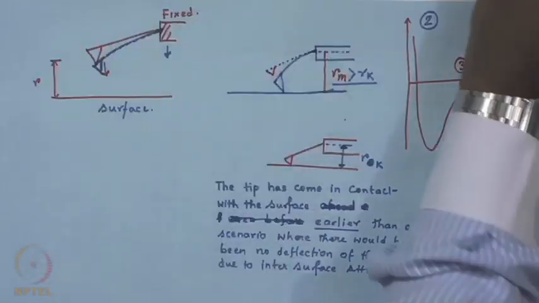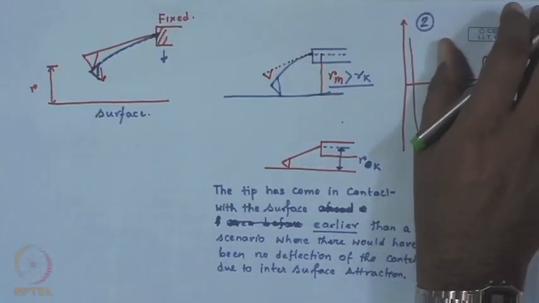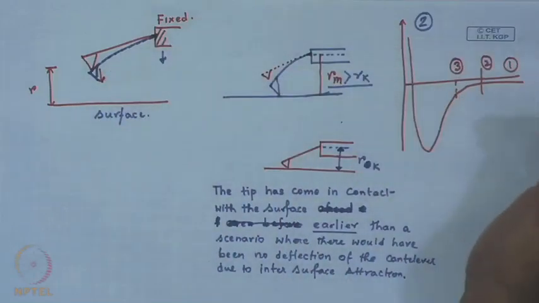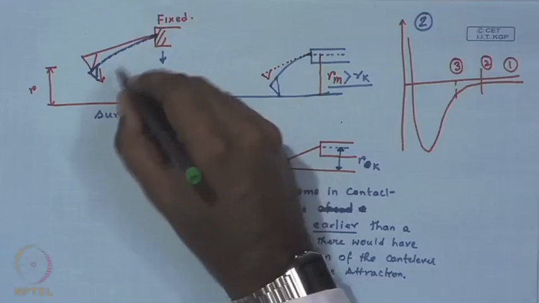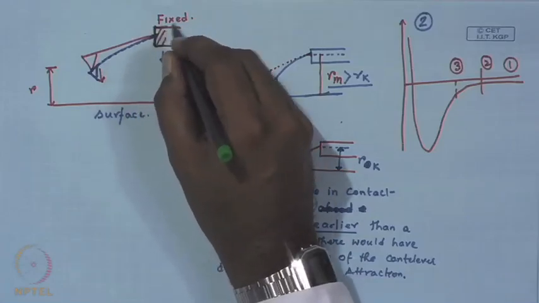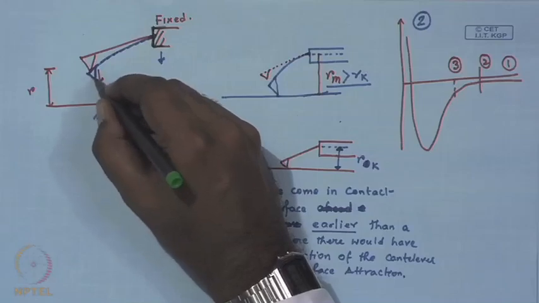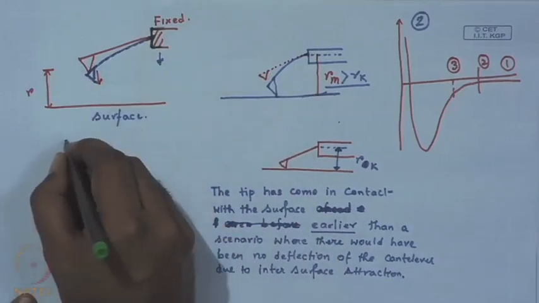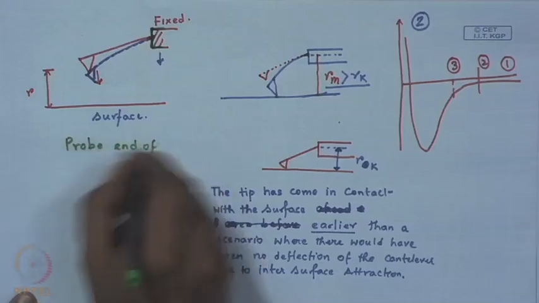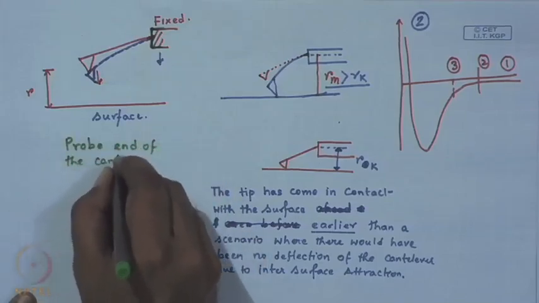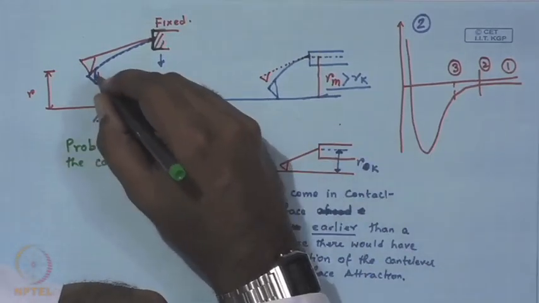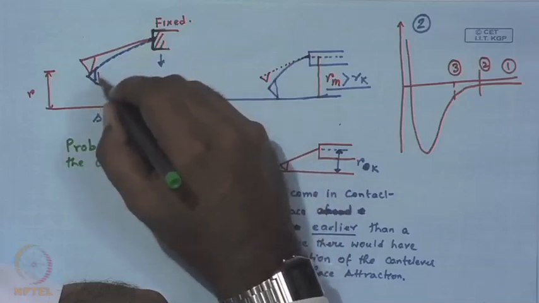So, what happens, since you have taken a cantilever or a spring which is flexible enough, the stiffness is low enough to deform to these types of forces, and the cantilever is mounted or fixed on this particular end. The probe end of the cantilever feels the attraction and starts deforming in this fashion.